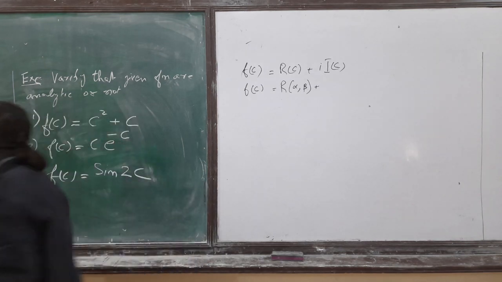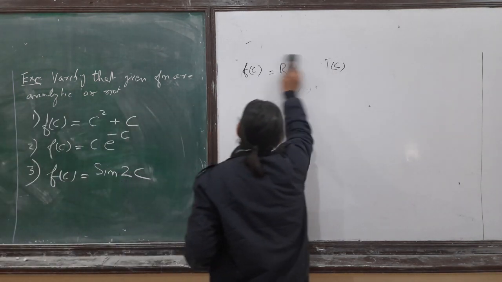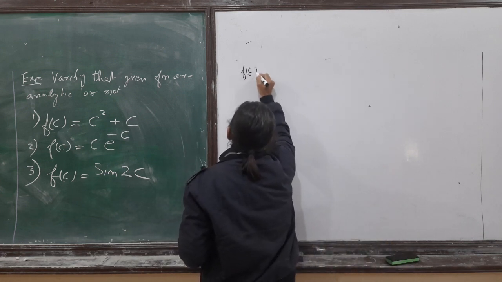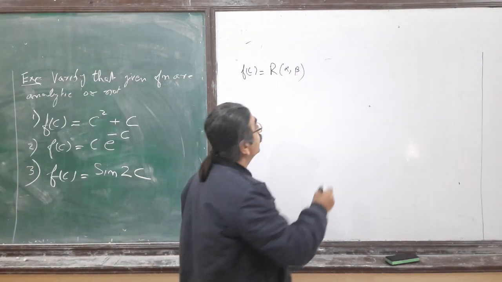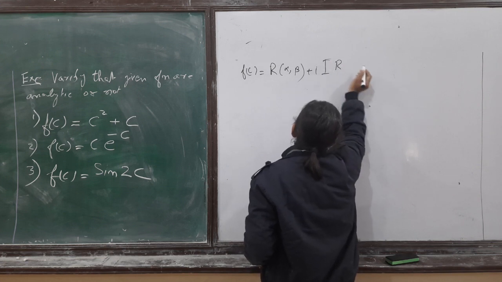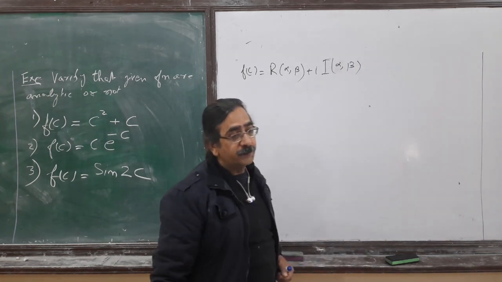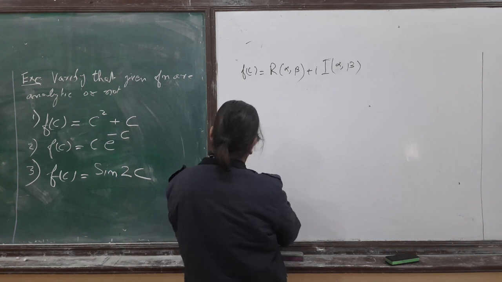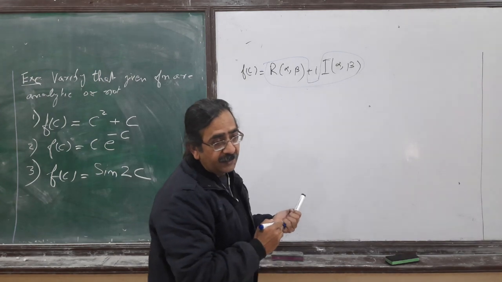Every complex function may be written as R(alpha, beta) plus iota I(alpha, beta), where both are real.